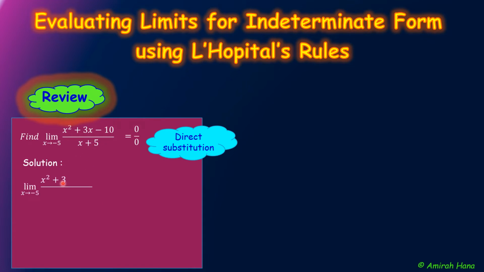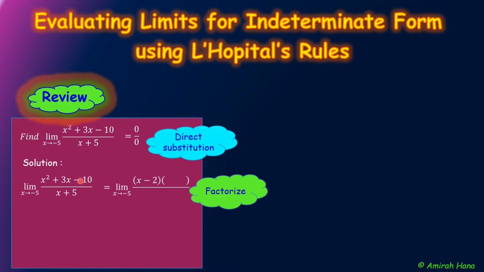From the given question, we need to factorize the quadratic expression. After we factorize, we have limit x to negative 5, x minus 2 times x plus 5 over x plus 5. After that, we simplify factor x plus 5 from numerator and denominator, and we get limit x minus 2.